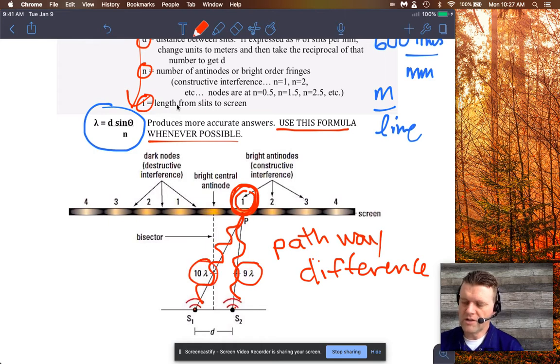So the pathway difference at position 1 is 1 whole wavelength. Anytime the pathway difference is a whole wavelength, then you're in phase. This means constructive interference. It means you're going to have an area of brightness.